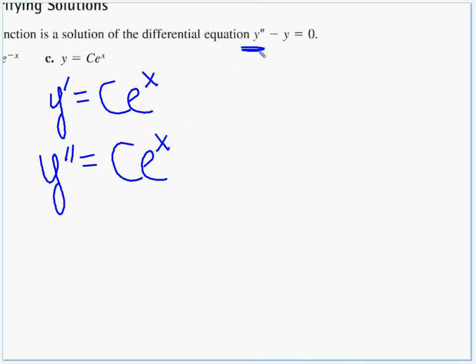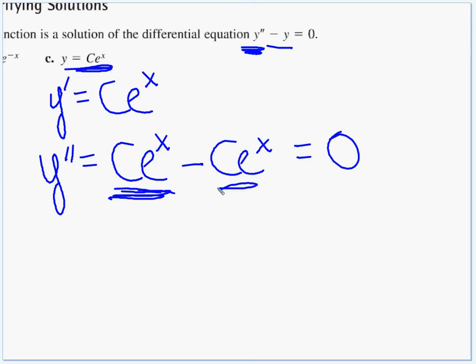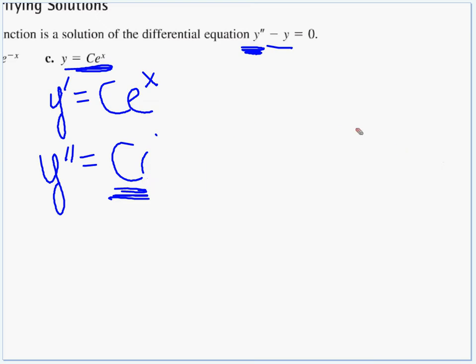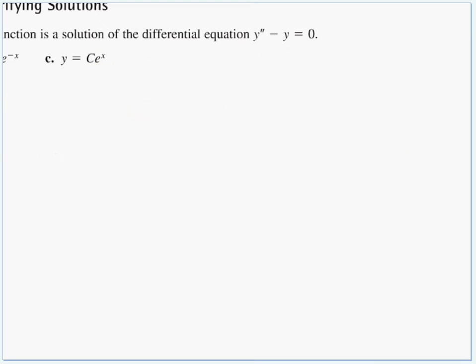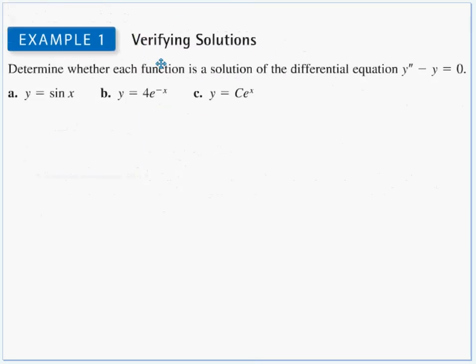So if I want to do y double prime here, minus the original y, ce to the x, does that equal 0? Yes, anything minus itself does equal 0. So that is a solution to the given differential equation. So there we were, verifying solutions.